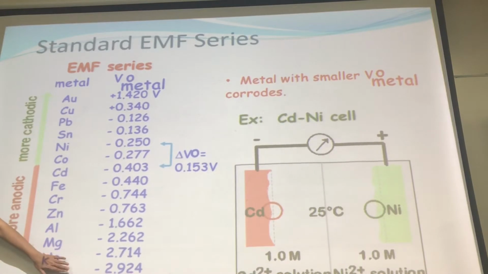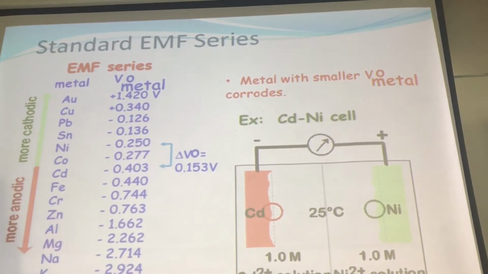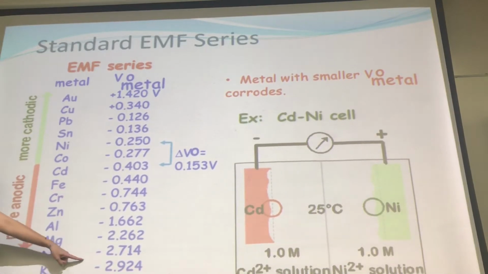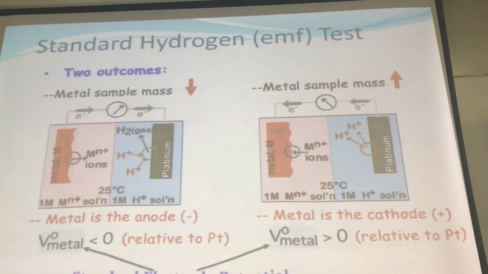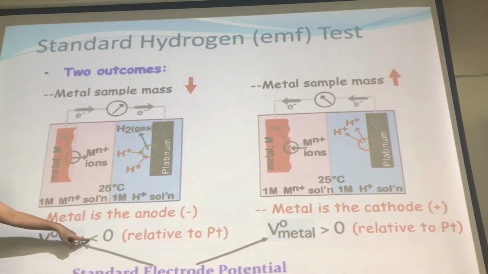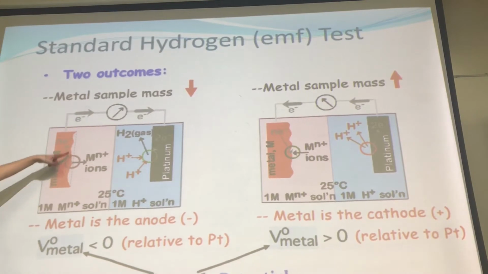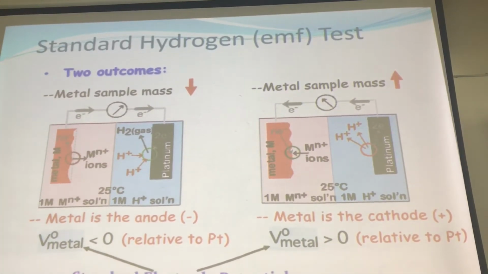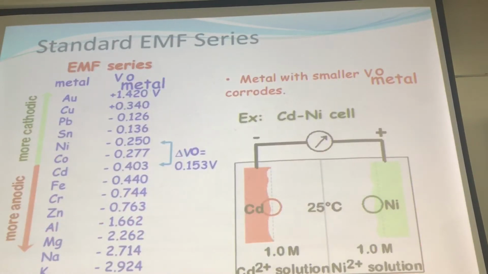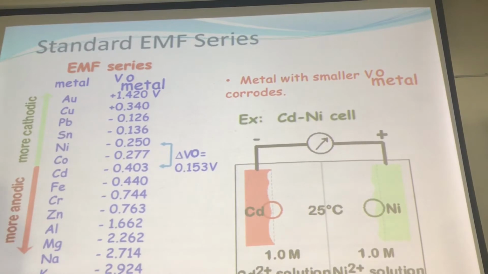Down here, do they like to get or give electrons? Give. Down means minus. Minus means it gets thinner. Like to give electrons.